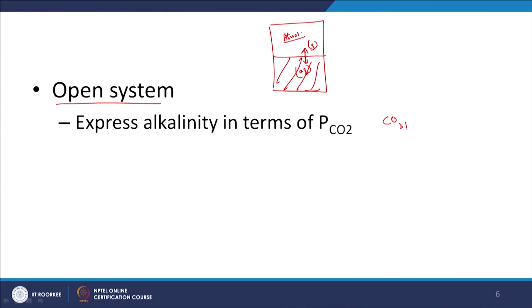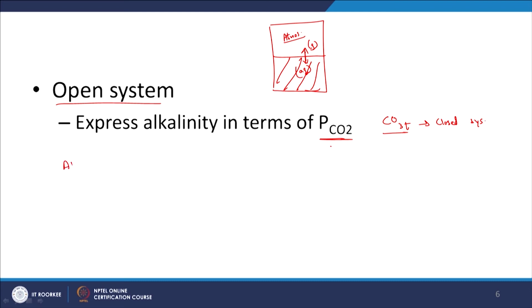So let's see. Obviously here, instead of CO3 total, which we did in the closed systems, we are going to try to express our alkalinity in terms of partial pressure of carbon dioxide. So let's see how we can do that. I think we might have looked at a minor transformation earlier.